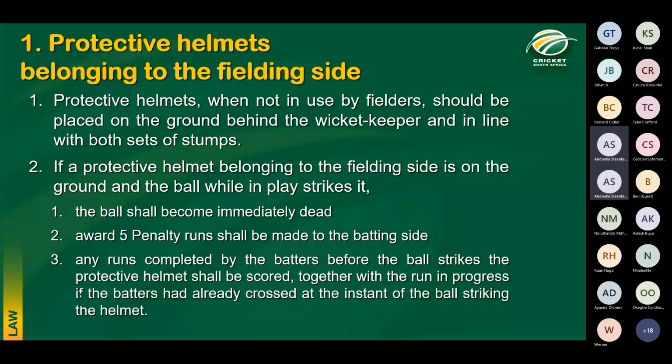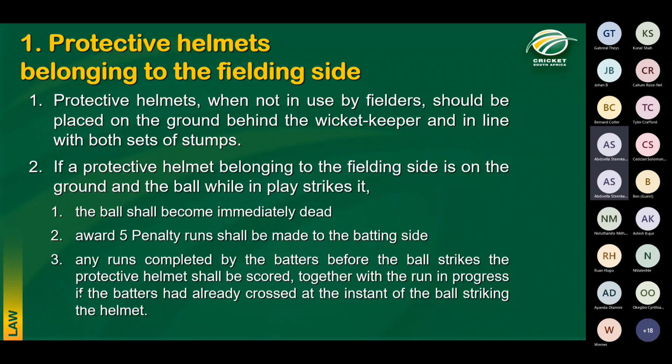An example of this: the helmet was put behind the wicketkeeper, and the batter hits the ball to fine leg. They now run a single. Fine leg picks it up and throws it into the keeper. The throw is a bit wayward.